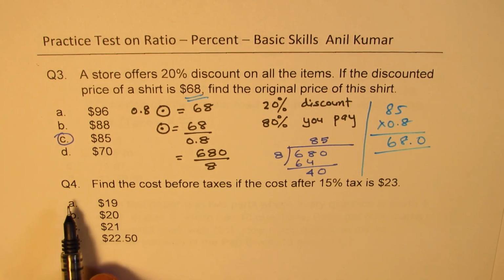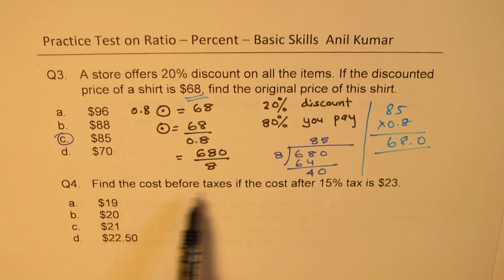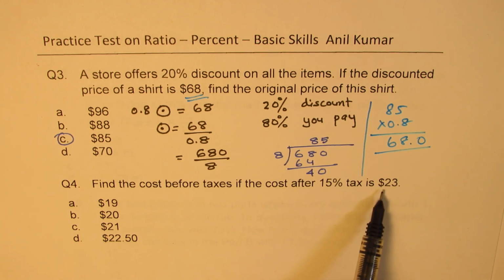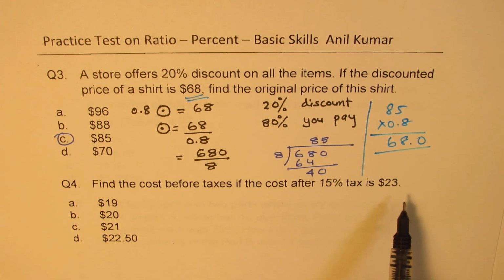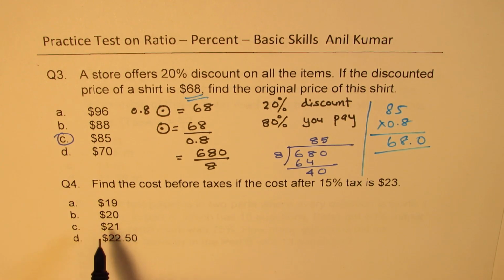Anyway, let's move on to question number 4, which is: find the cost before tax if the cost after 15% tax is $23. That means it increased, right? You added the taxes. Now clearly, if the calculator is not allowed, you could choose one of these answers.